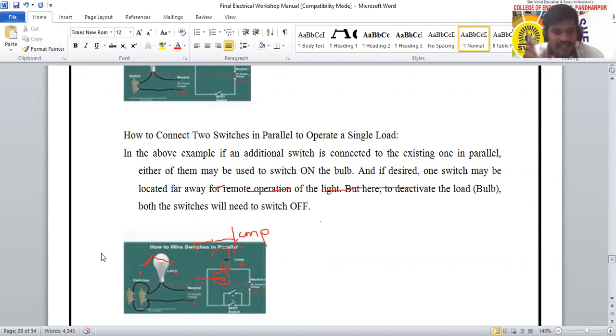And when you are at the first floor and you want to switch off the bulb, so that there is no need to come to the ground floor, a switch can be provided at the first floor. So by pressing this switch, we can turn off the bulb also. So these types of wiring are nothing but controlling one single load by using two switches, and this is carried out in staircase types of wiring.